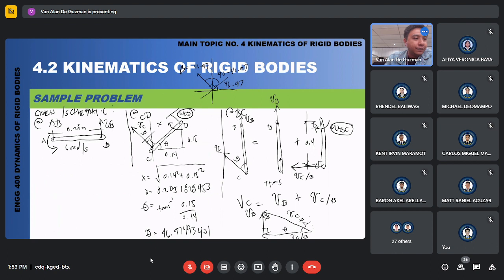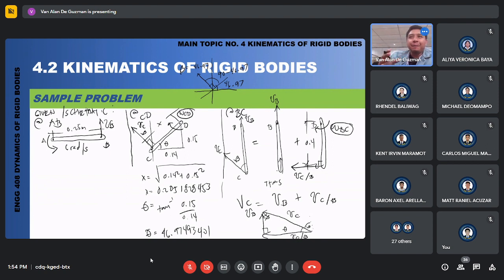Sorry, dito. Baka malito kayo dito. Hindi VC dito. VC yung tapos beta ito. Tapos, same goes for this one. Kailangan natin ito. Meron tayong radius. Kailangan muna natin makuha ang value nito. VC relative to B. Meron tayo dito from our triangle na nabuo.